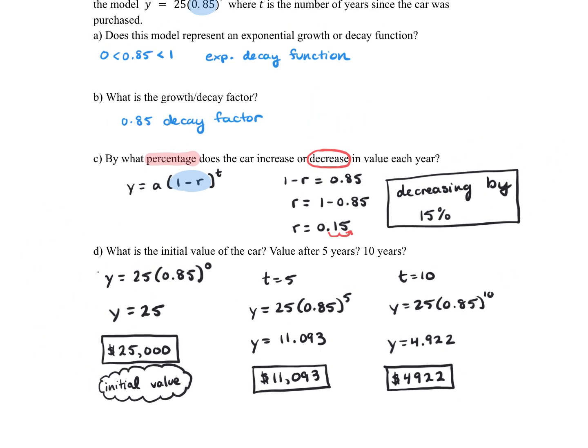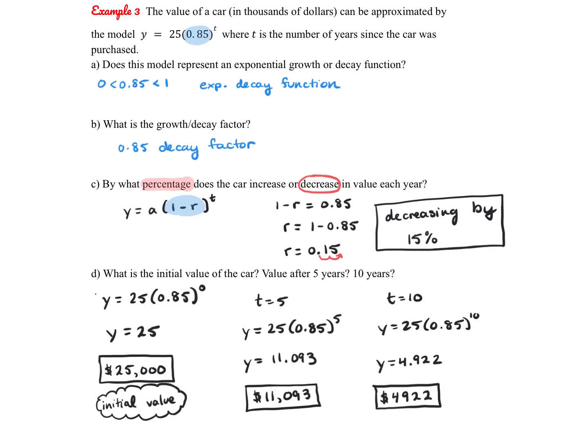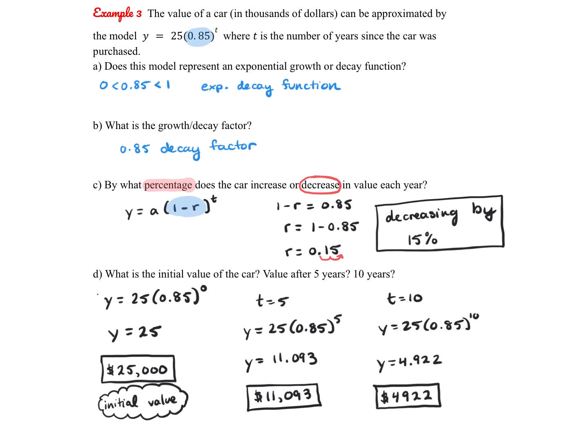So there you go. So you can see that this is a real life scenario where using an exponential model would be really useful. So we can use it to help us predict the value of something that is increasing or decreasing in that way after a certain amount of time, which again is very, very useful in real life.